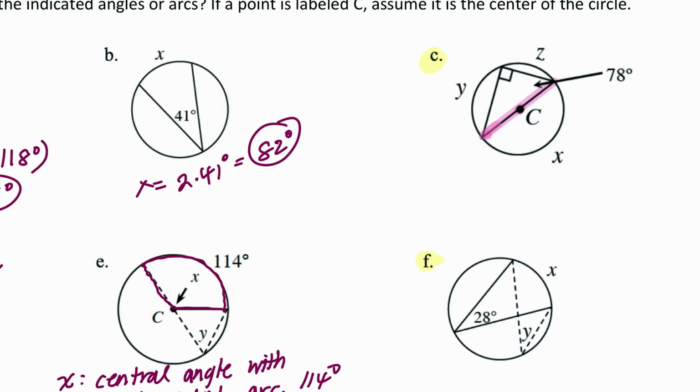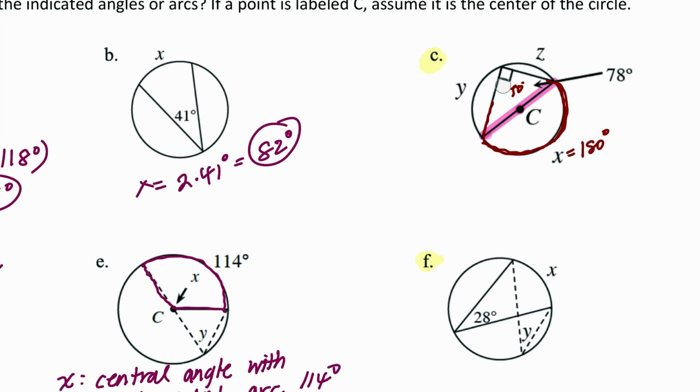Because it goes through the center of the circle, going through both ends. Therefore, I know that X, which is this much, is 180 degrees. And it makes sense, right? Because the central angle for that arc is 90 degrees. If that angle is 90 degrees, then the intercepted arc is twice that, which is 180. So it does make sense, okay?